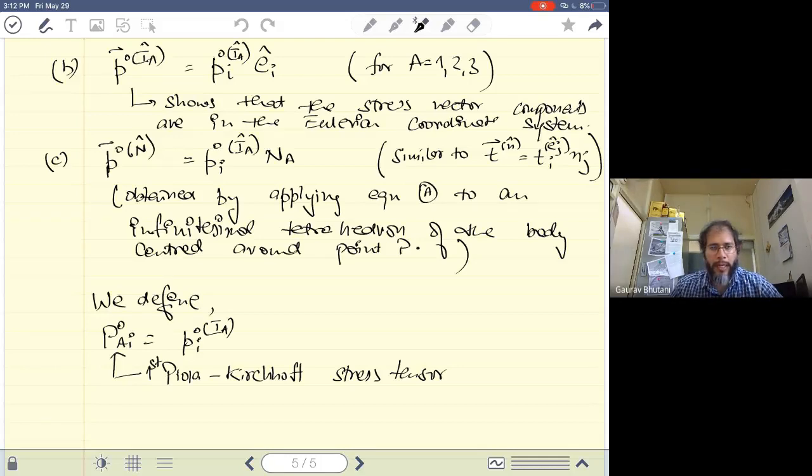So P naught AI is called the first Piola-Kirchhoff stress tensor, and that is how it is defined. Again, this is similar to sigma Ji was traction vector, ith component of that defined for a plane with normal Ej.